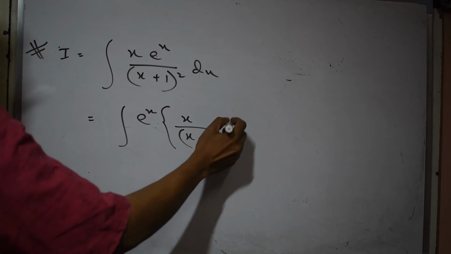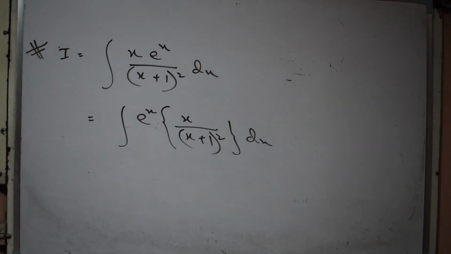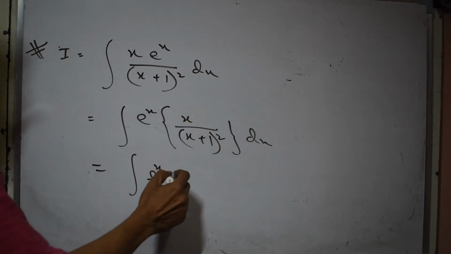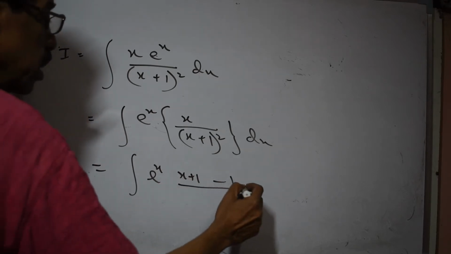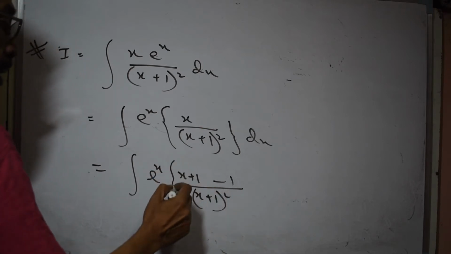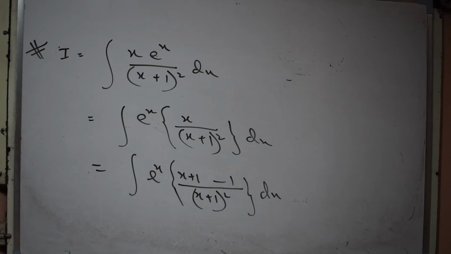But what you are finding is that we do not have two expressions added, but I can adjust. If I add 1 and then subtract 1, then automatically that x remains as x. This idea, we can separate.